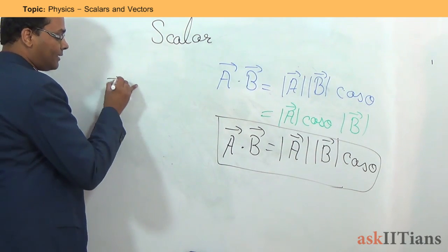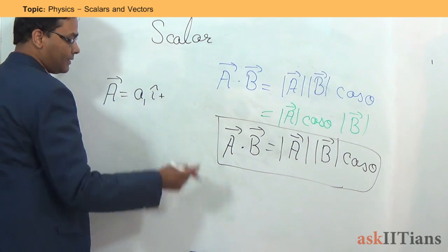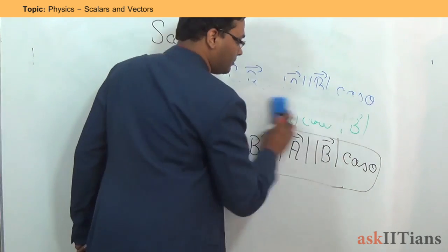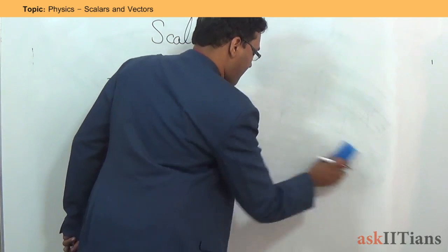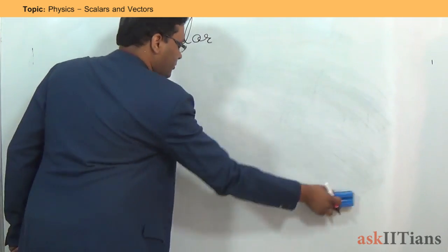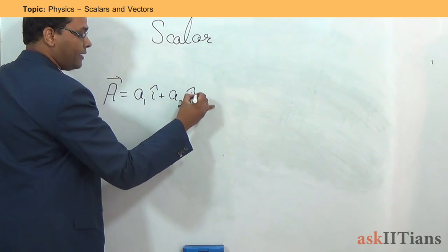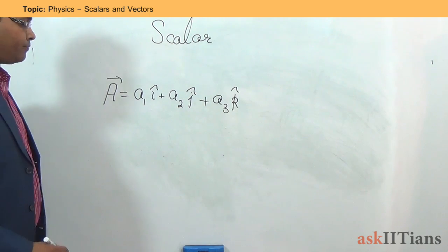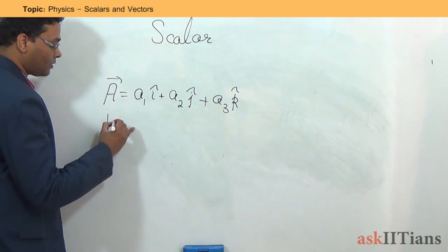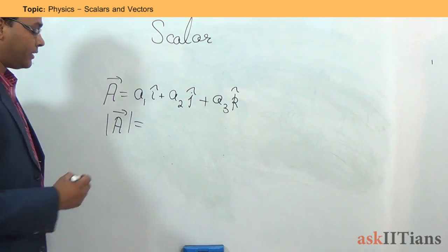Let's say that I have a vector A given by A1 I cap, A2 J cap, A3 K cap. If I require the modulus, let me first tell you that as well.